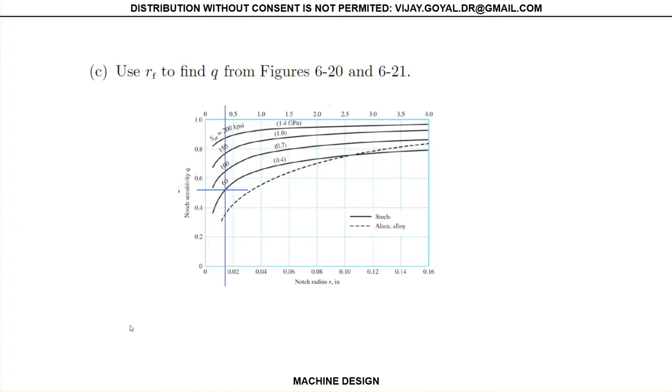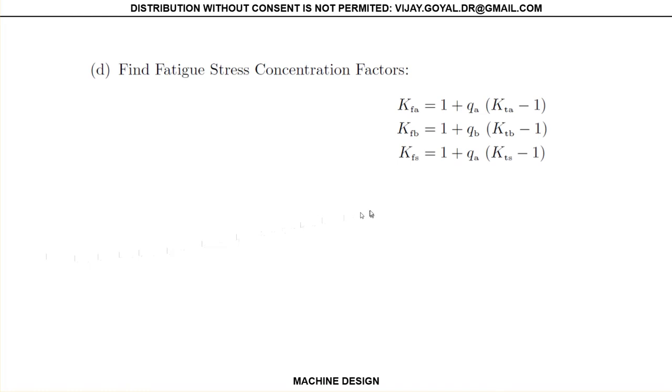Okay, so as we move to the other cases, you will have to go to tables 6.20 and 6.21. Find your RF value. With your RF value, you'll find the notch sensitivity. And once you have your notch sensitivity, then you can come here and you will be able to find these values.